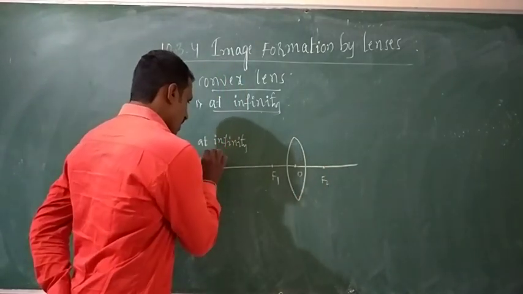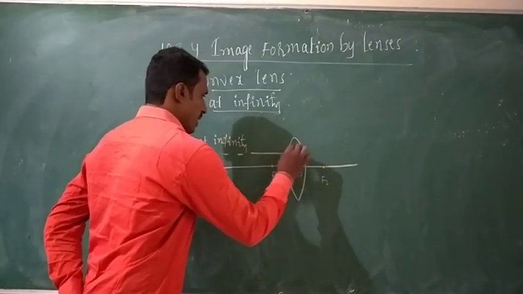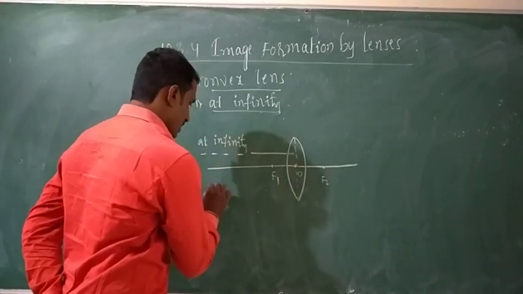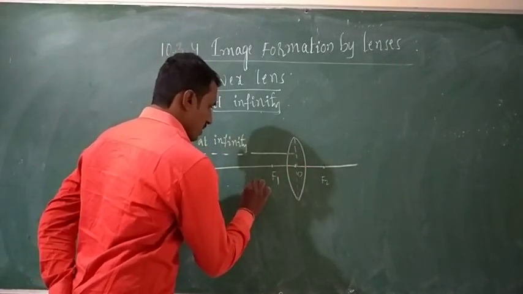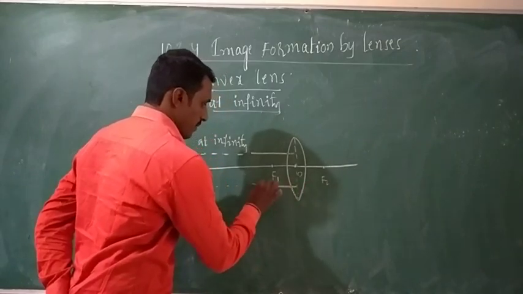These are the light rays coming from the object which is at infinity. One more light ray, this is also coming from the object which is at infinity.